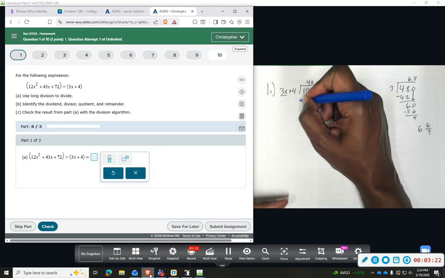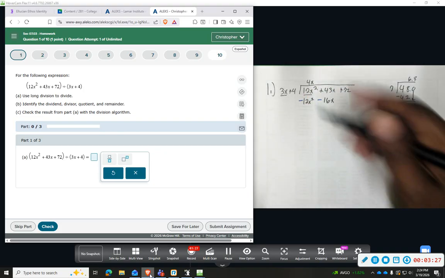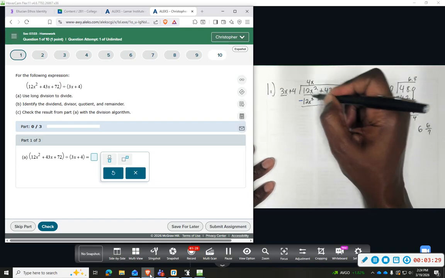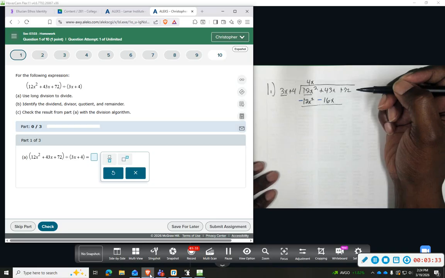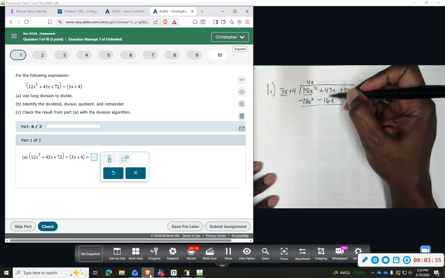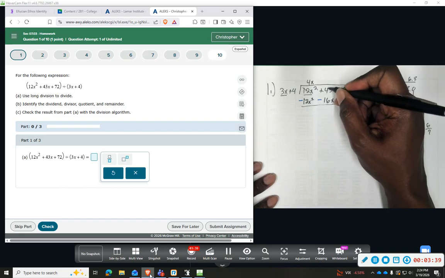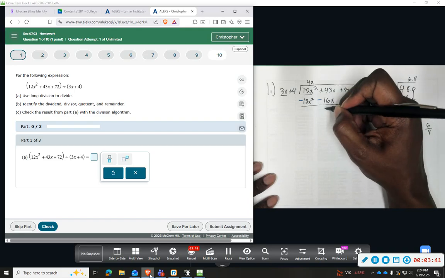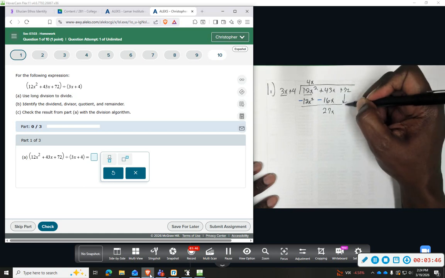So I'm going to say minus because they were both positive. And then we subtract. This first term should always cancel out. And then 43 minus 16 should give us 27x, and then we bring down the next term.